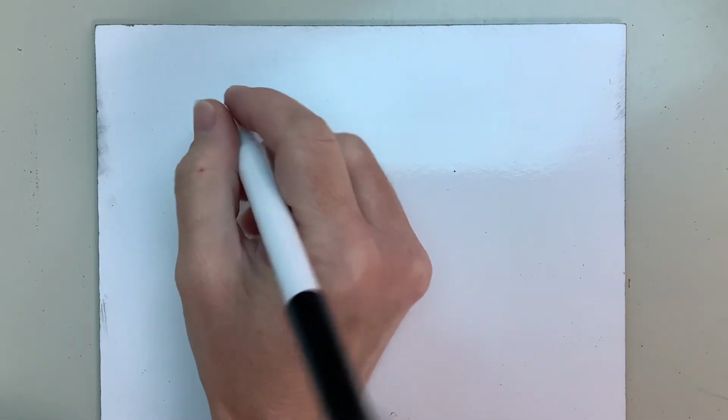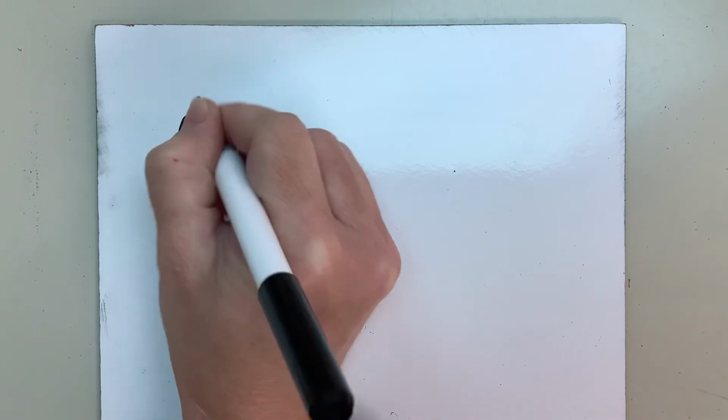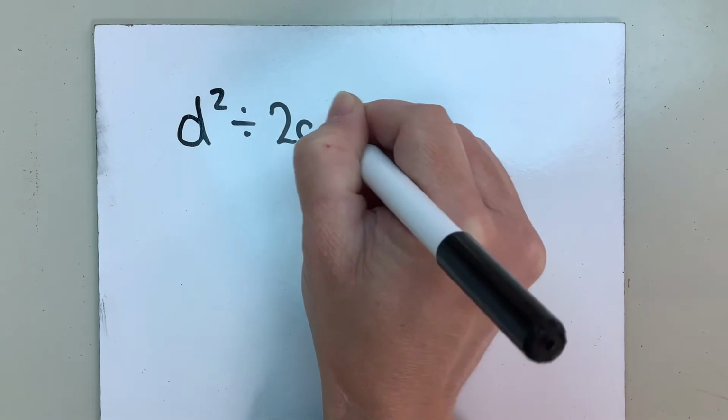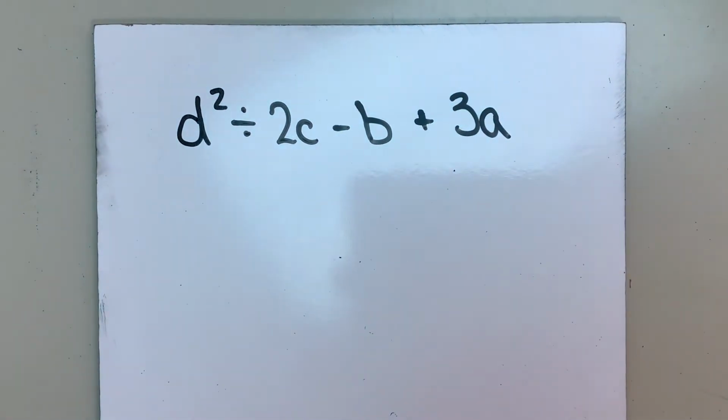All right, so what can we do with our expressions? Well, for instance, we could take d squared divided by 2c minus b plus 3a. So this is an expression, okay?